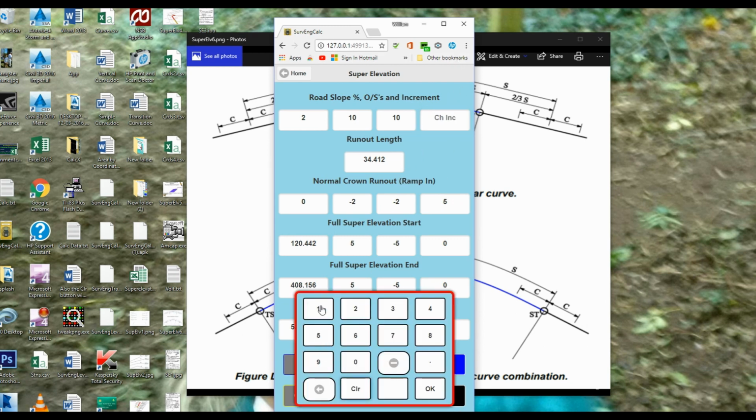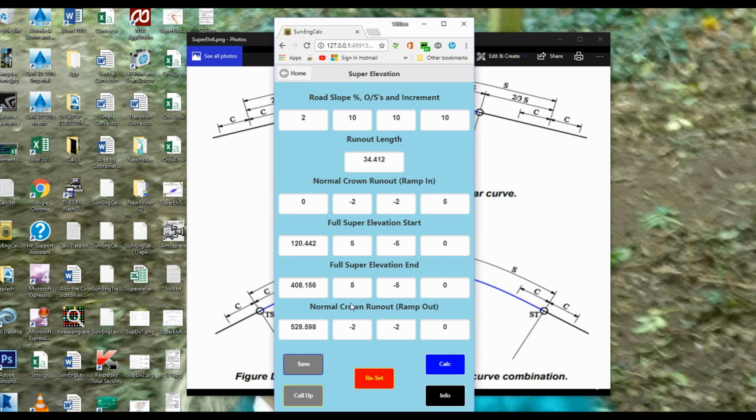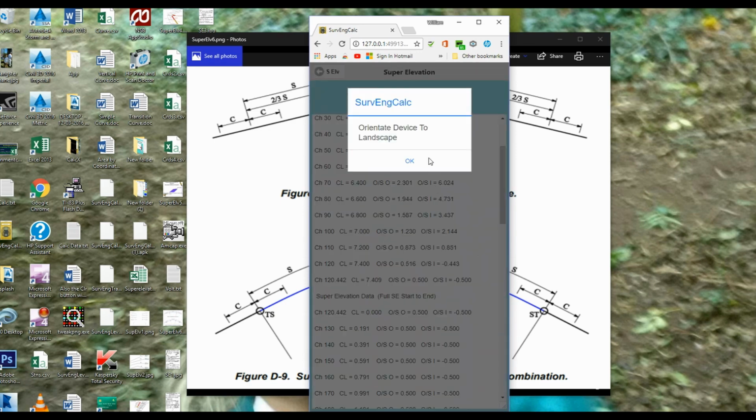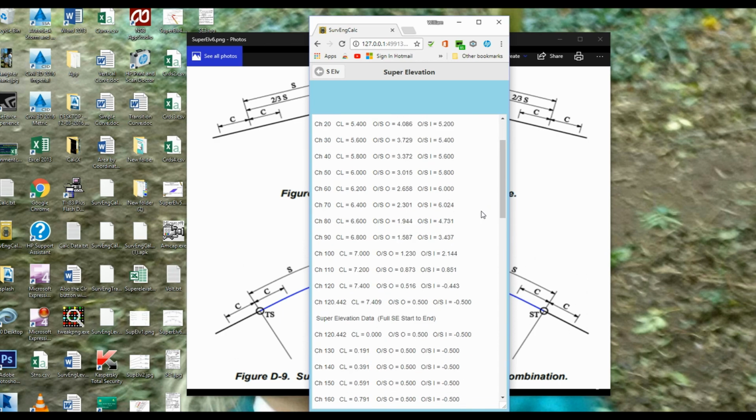Clear that. So basically, at this point here, I've given it a level of 5 meters, and I know there's an incline of 2% all the way around to the end, and this will calc out the levels either side respectively there, and that's it there.